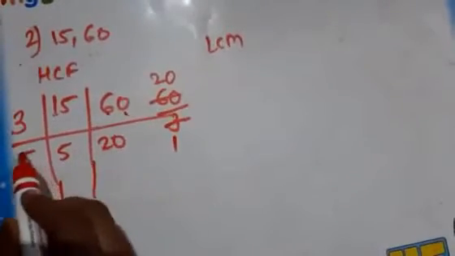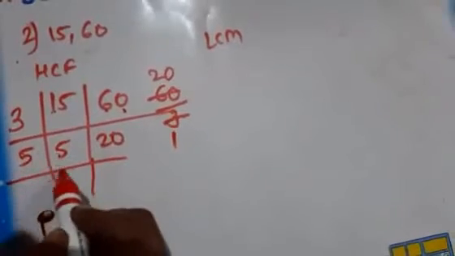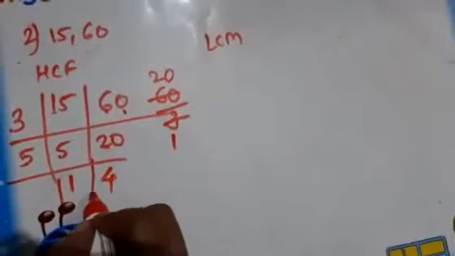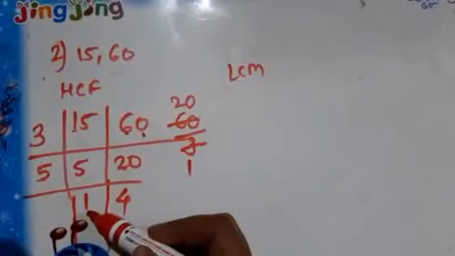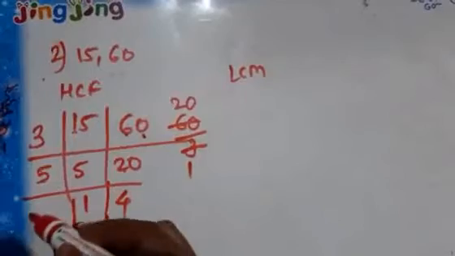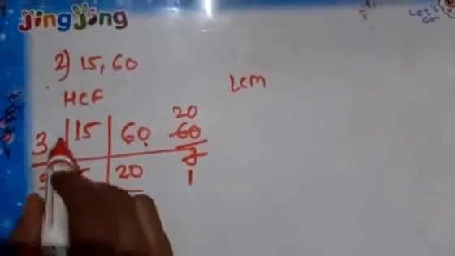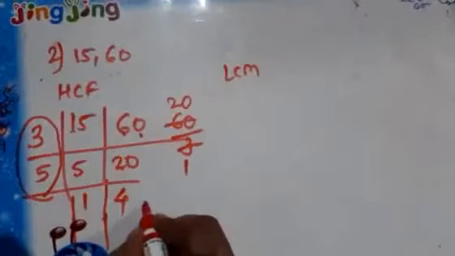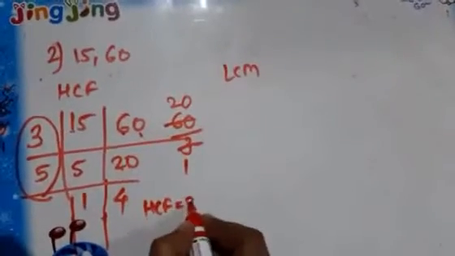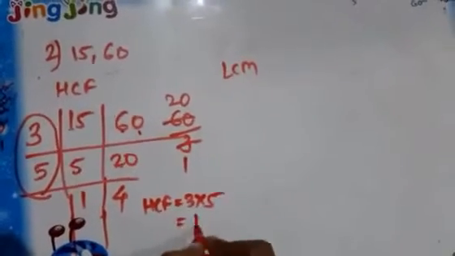So we will go for 5. 5 ones are 5, and 20 divided by 5 will be 4. As 1 is present, we can't take a common factor now. So the only common factors possible are 3 and 5. So HCF is equal to 3 into 5. It will be 15.